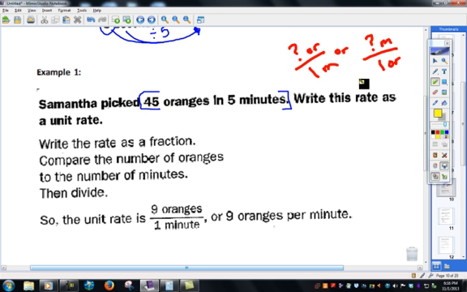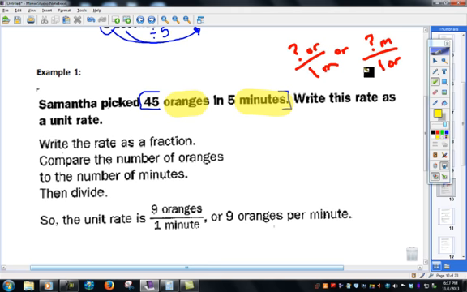So again, I'm going to repeat that because I think that's a hard thing for students to learn. Unit rate, there's always 2 units in every ratio. We're comparing oranges to minutes. So when you're talking unit rate, in this example, we could figure out how many oranges she picks in 1 minute, or we could figure out how many minutes it takes for her to pick one orange.